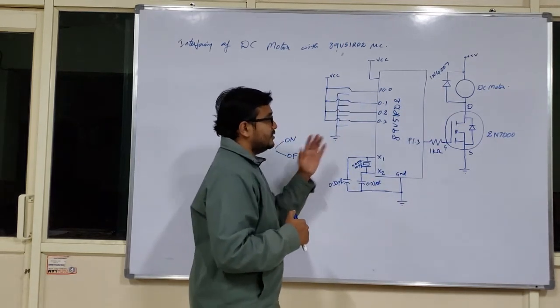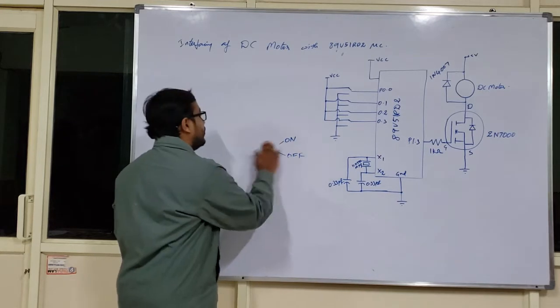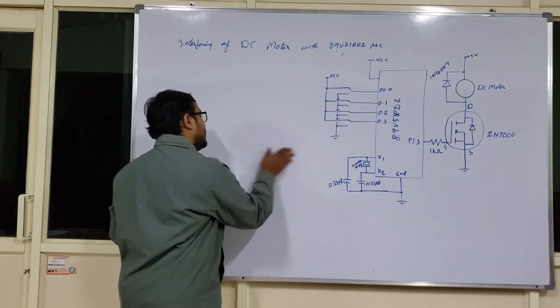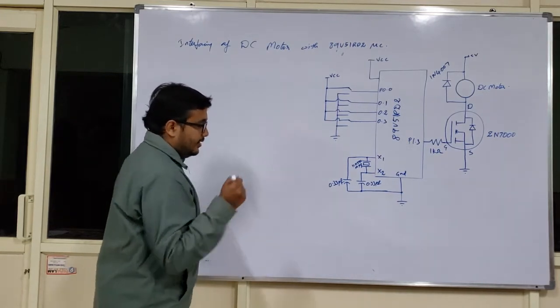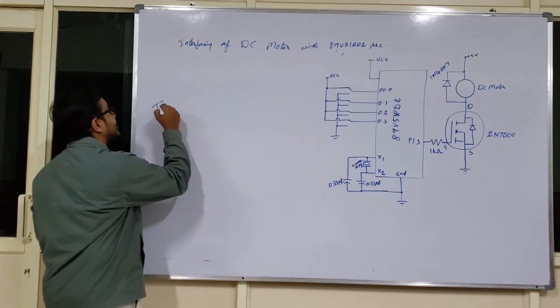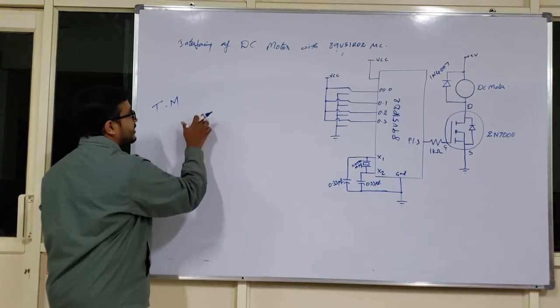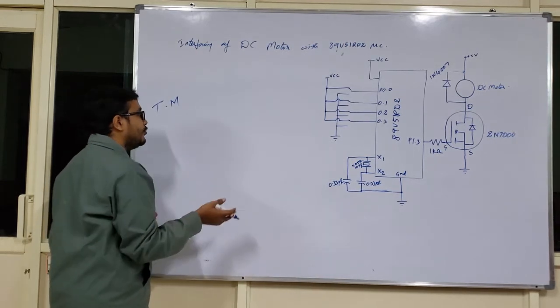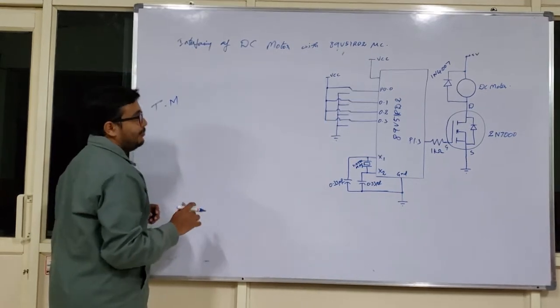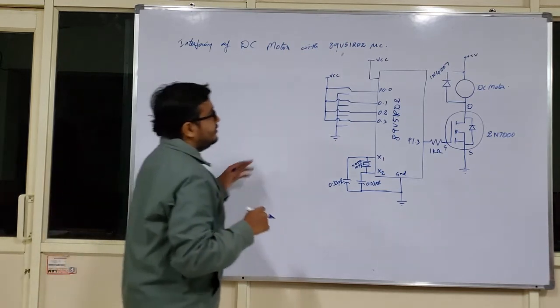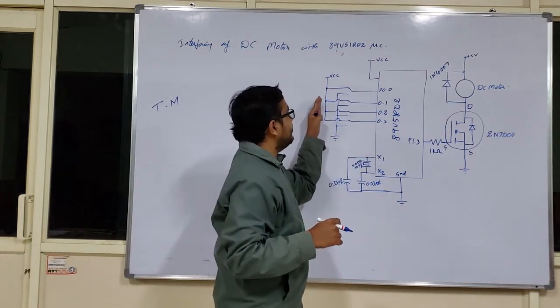Now I would like to arrange a concept here. As I have said, the motor inside my trimming machine is a DC motor. Now this port 0 is interfaced with a DIP switch.